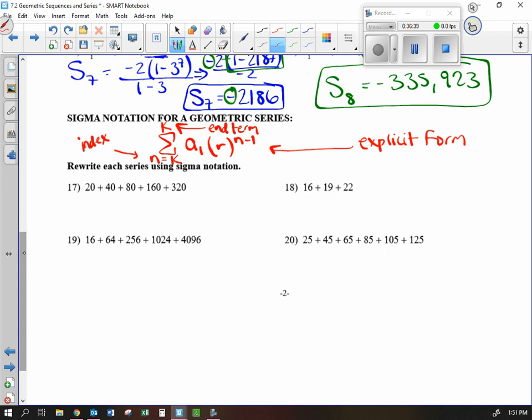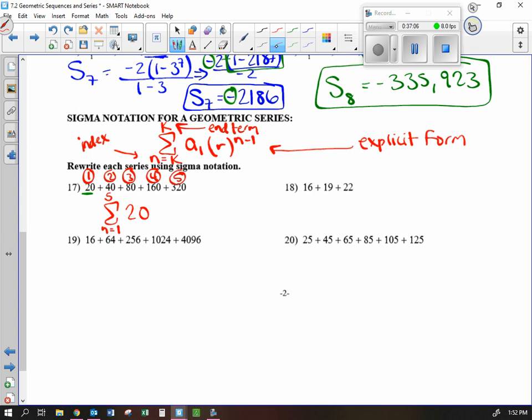Okay, so how many terms do we have in this series? We have 1, 2, 3, 4, 5. So our index is going to start at n equals 1, and our n term is 5, okay? Now, this is where it gets a little interesting, right? Our a sub 1 is going to be that first term in our series, so a sub 1 equals 20.